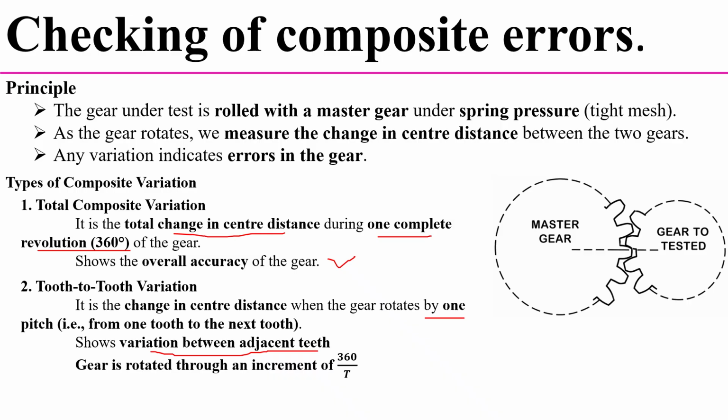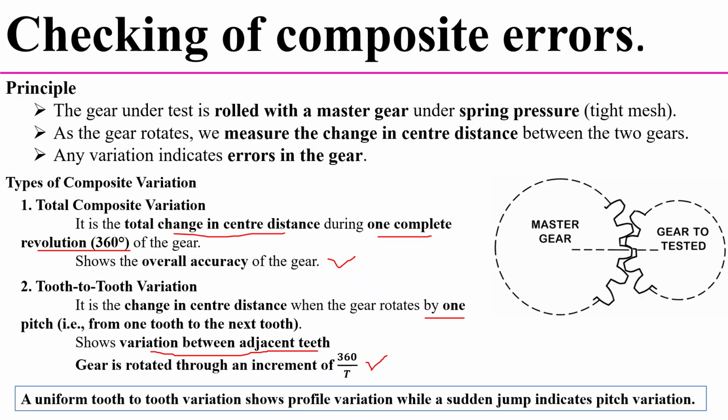In general, for the tooth to tooth variation, the gear is rotated through an increment of 360 divided by the number of teeth. A uniform tooth to tooth variation shows profile variation, while a sudden jump indicates pitch variation.